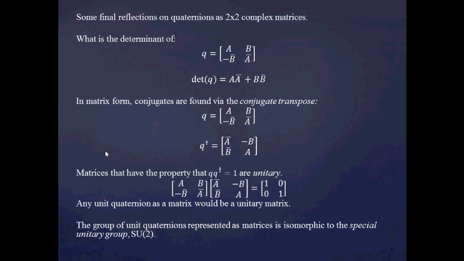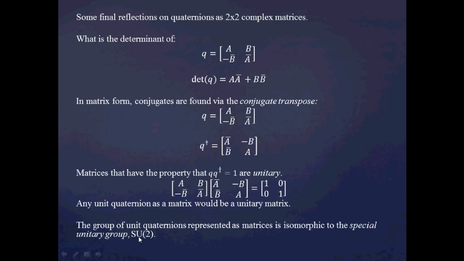At a more abstract level, if I take all these unit quaternions, take their matrix representation as a 2x2 complex valued matrix, and give them the group operation of matrix multiplication, that group is essentially what's called the special unitary group, SU2. The notation SU2 means that the 2 refers to 2x2 complex valued matrices, which have 2 properties.